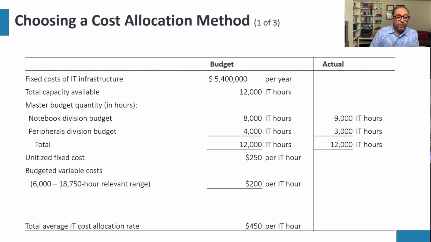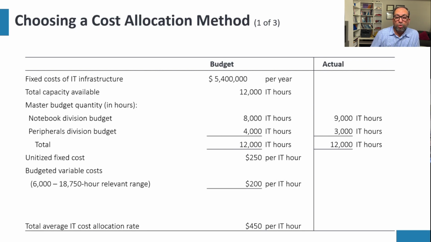So this firm has a manufacturing cost of IT infrastructure. That's a cost. Total capacity available 1200 IT hours. Master budget quantity in hours. Now these are the two products: notebook division budget and peripherals division budget.